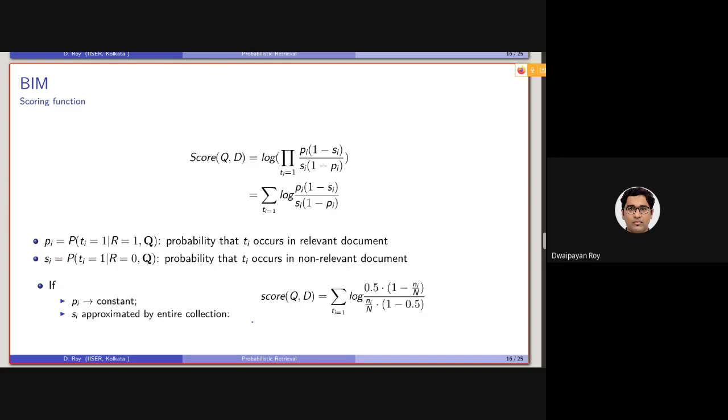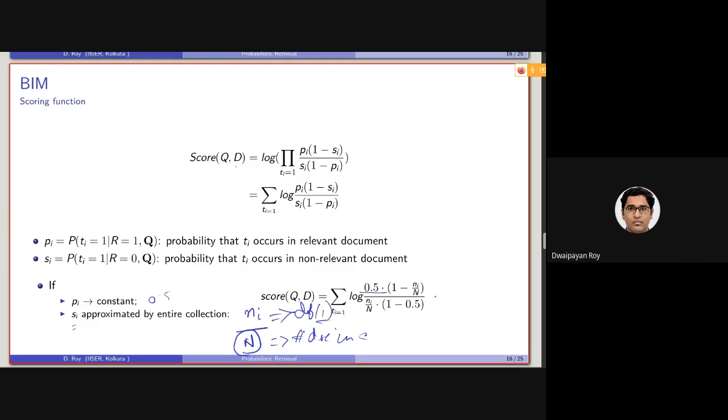And hence the score of the document given the query could look like this. Here the constant Pi is considered as 0.5. Here the probability of the term occurring in the non-relevant document can be denoted by Ni by N, where N is the total number of documents in the collection, and Ni is the document frequency of the term i.